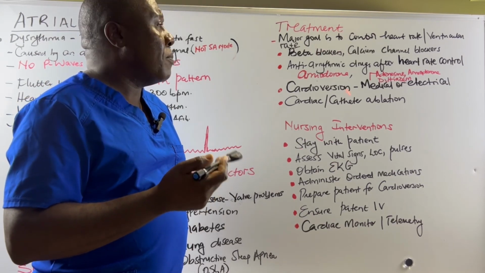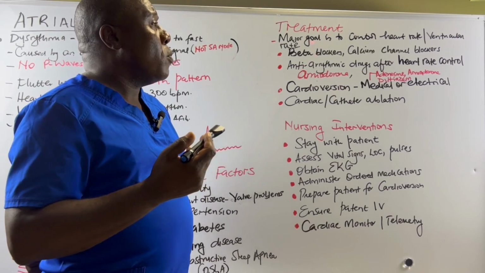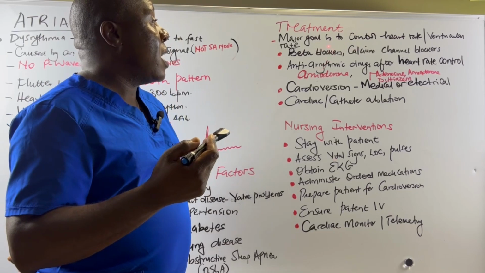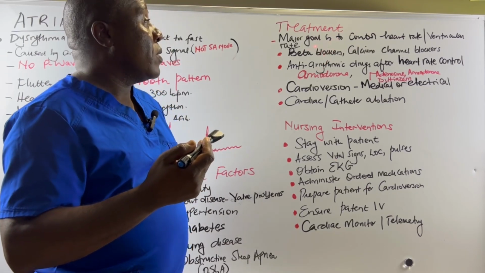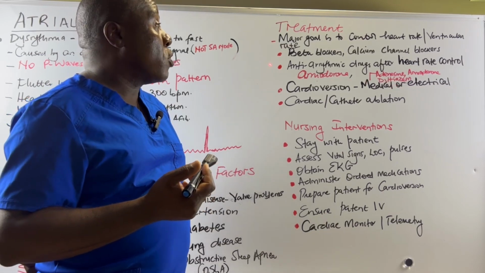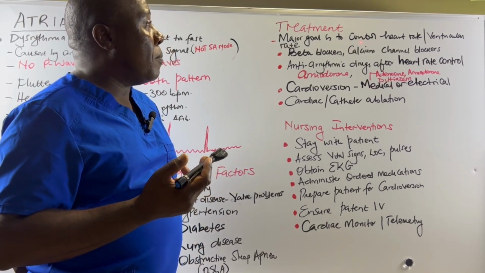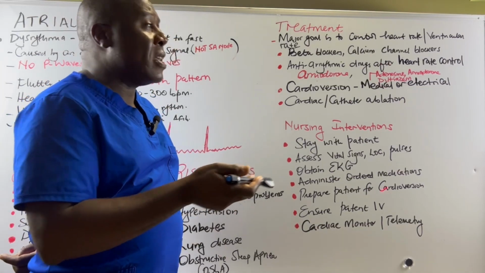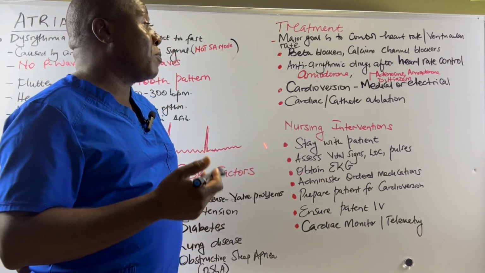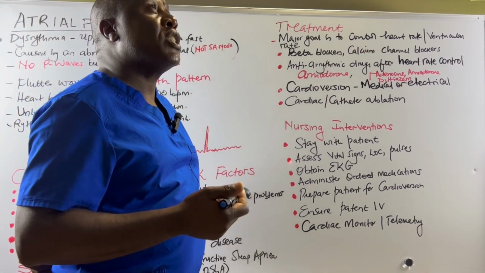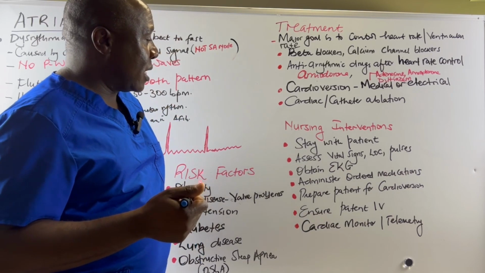They don't empty, and the blood ends up pooling in the atria, and this might result in blood clots. We also have stroke. This patient might develop stroke because of these blood clots. There are also pulmonary emboli: the blood clot may break off, travel, and lodge in the lungs. So those are some of the complications that can result from atrial flutter.